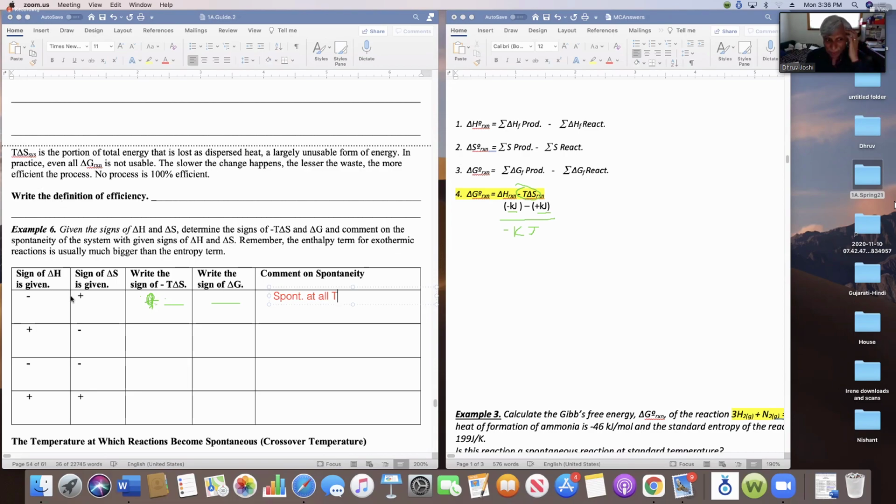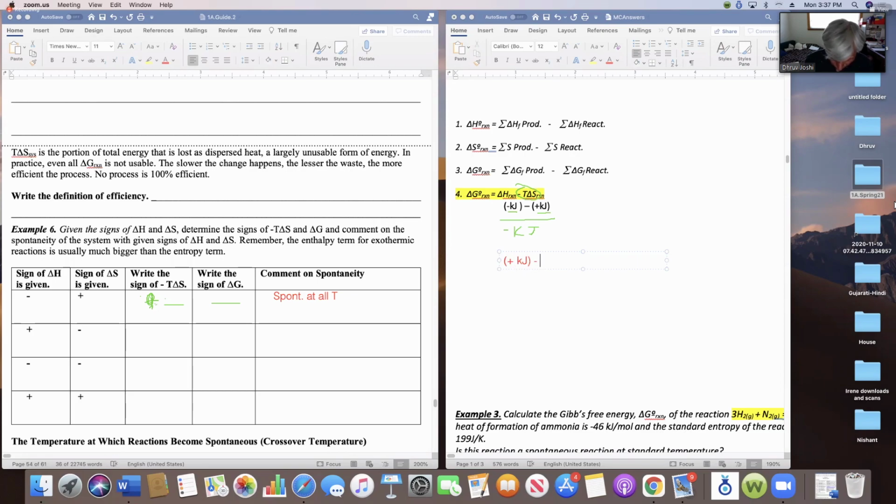Okay. Now we go to the next one. The sign of delta H is given, positive. So now this delta H is positive here, positive kilojoules. Endothermic reaction.